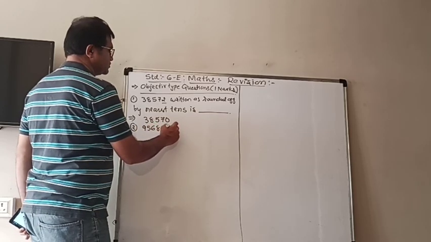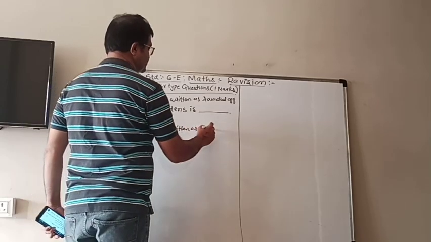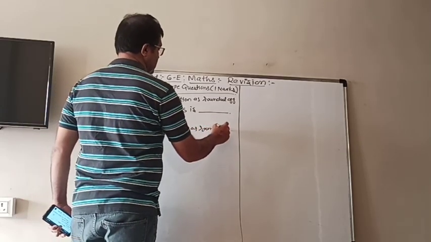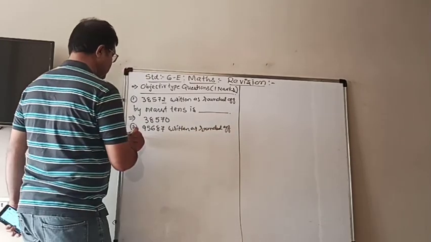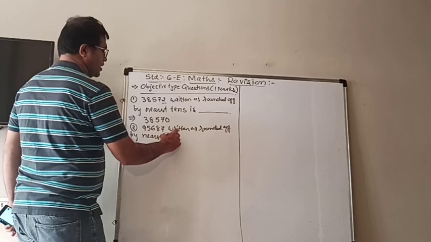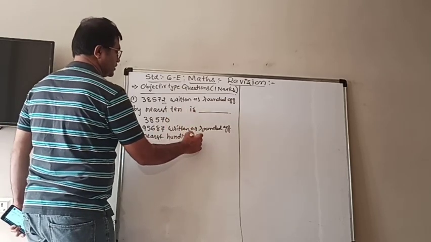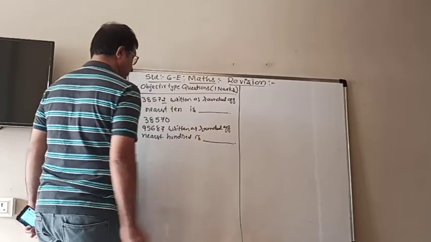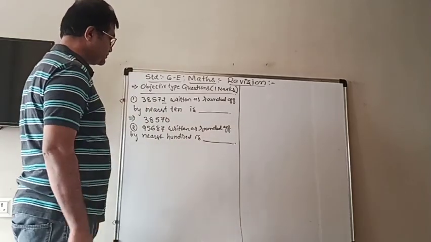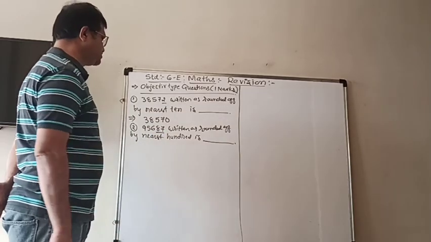95687 written rounded off by nearest 100 is. Now for nearest 100, you have to check the last 2 digits.